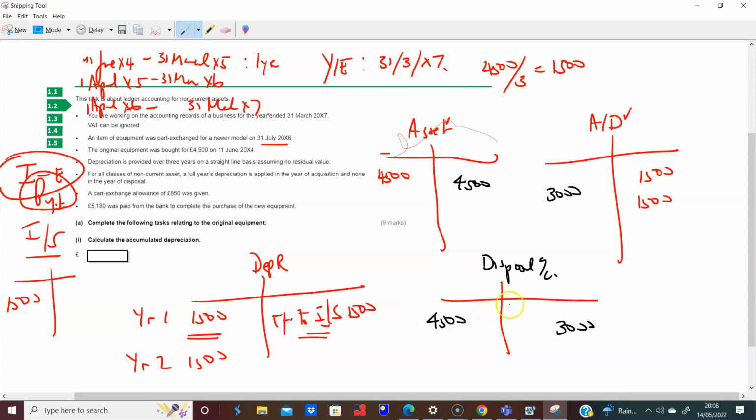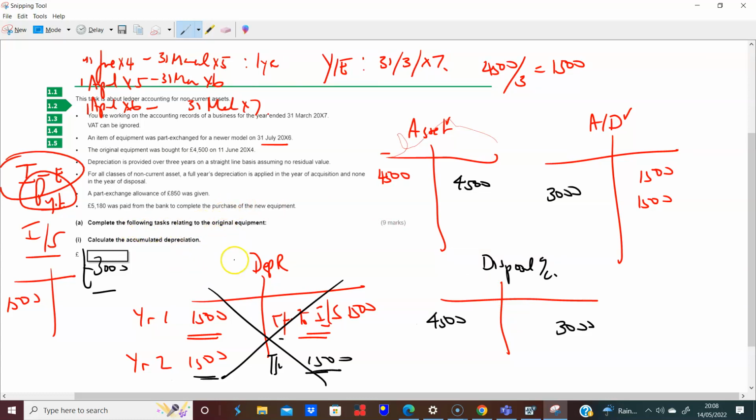Of course, the other 1,500 was transferred the previous year. This account is now closed. This account doesn't exist anymore. This is where we are. I think this question was to calculate the accumulated depreciation. This would have been 3,000, because we just wanted to know what the accumulated depreciation was at the end of the year. Now the question says that you exchange, you pay for a next asset.